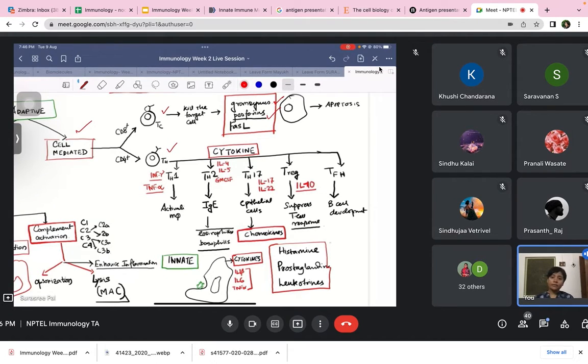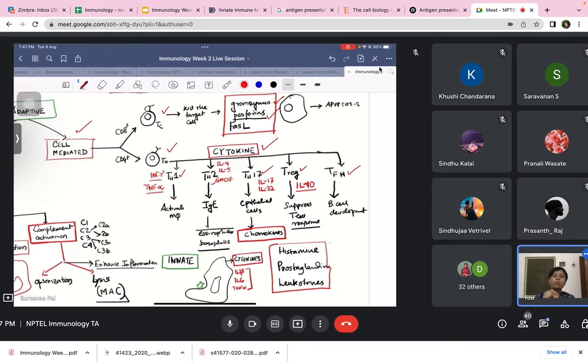What is the effect of the helper T cells, which produce the CD4 receptors? The helper T cells produce one important class of molecules called cytokines. Depending on the type of cytokine produced, T helper cells differentiate into various types: Th1, Th2, Th17, Treg, and T follicular helper cells.